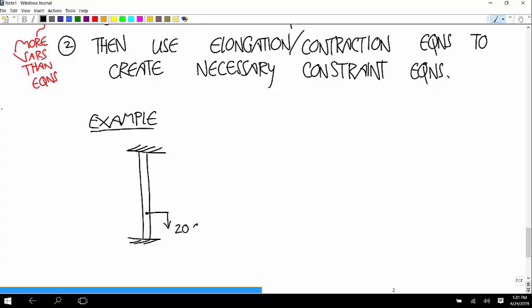So 20,000 Newton force there. And this distance is 0.75 meters, and this one is 0.25 meters. And let's say for the whole thing, the cross-sectional area is 0.01 meters squared. And we want to know what are the reactions at the floor and the ceiling.